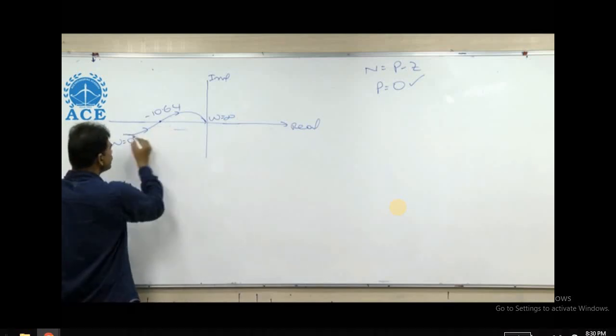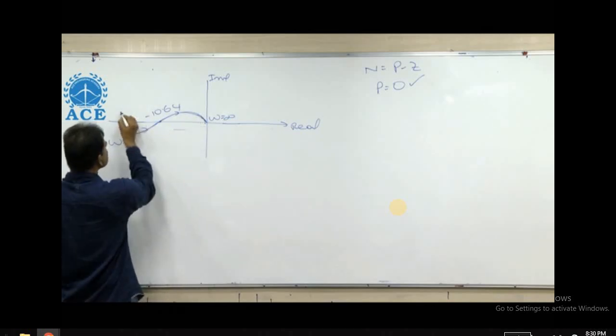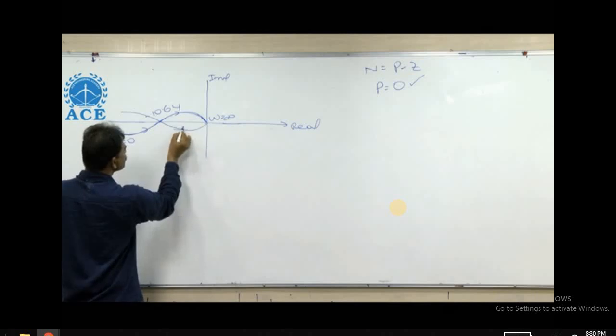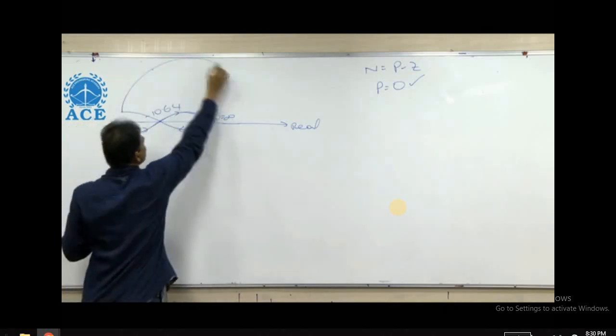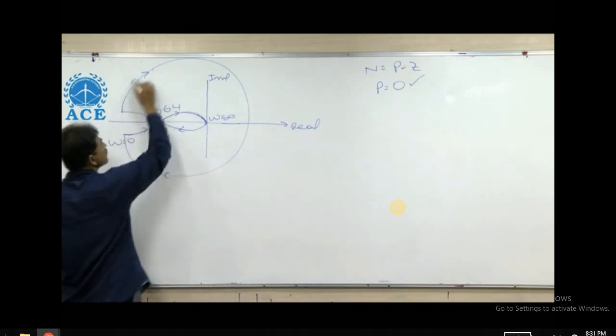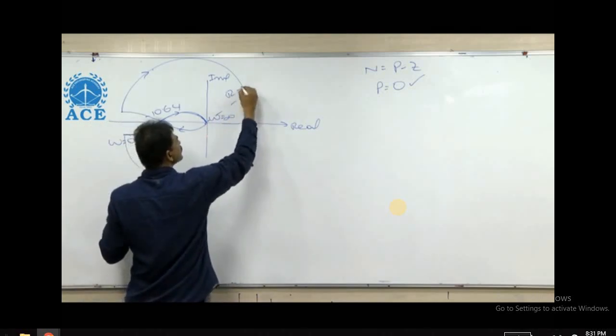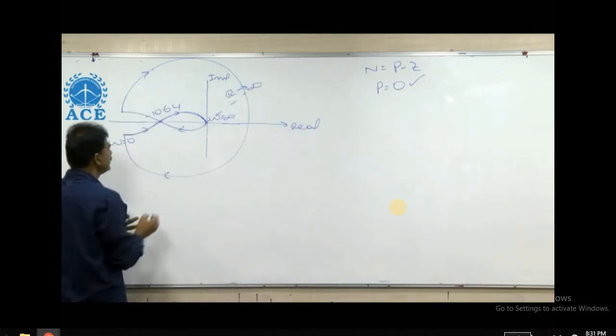Drawing the remaining part: this is omega 0 to infinity, which is given, and the remaining sections are like this. The continuous path, omega minus infinity to 0, is the mirror image, and you get two semicircles of infinite radius, with the center at the origin, r tends to infinity.